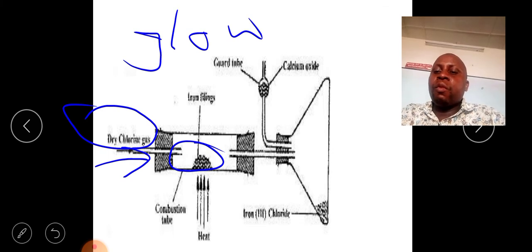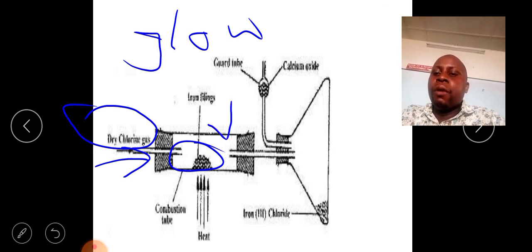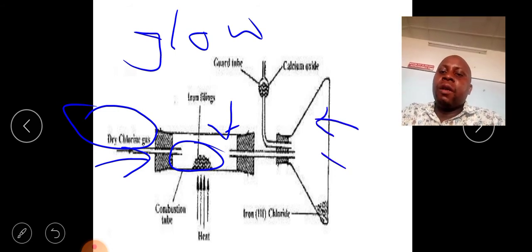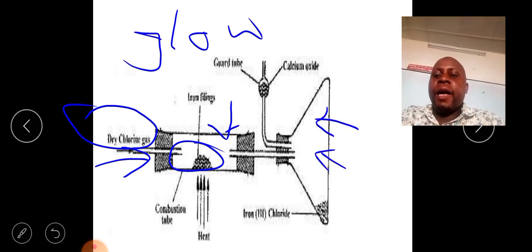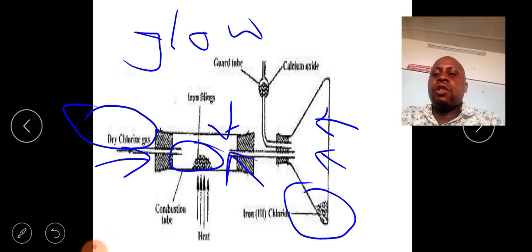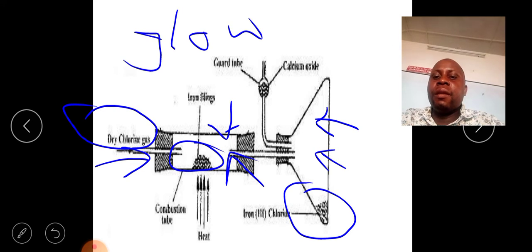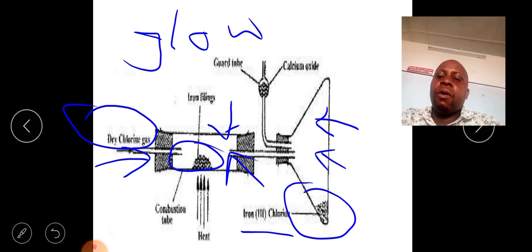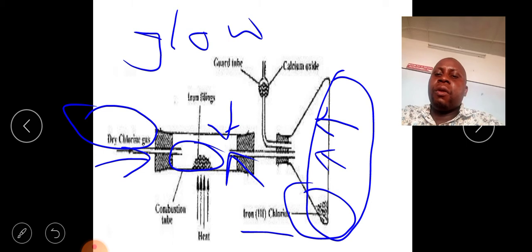The red-brown fumes will be observed in the combustion tube, but they will condense on the cooler parts of this particular conical flask as iron 3 chloride. This is because when it is heated, the iron 3 chloride formed sublimes and it condenses and cools on the cooler parts of the conical flask connected towards this end here.